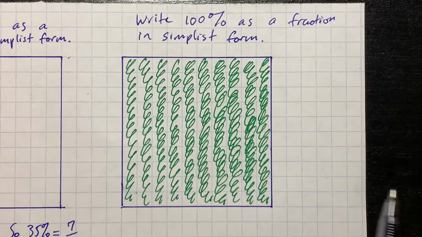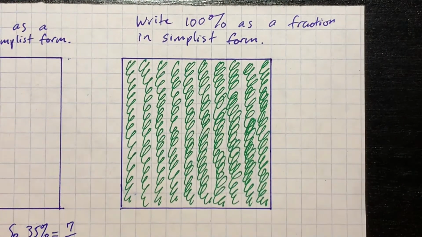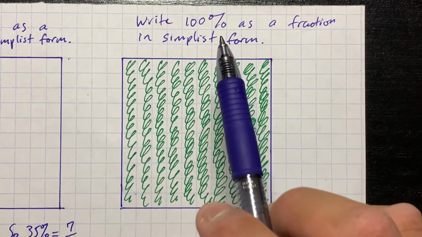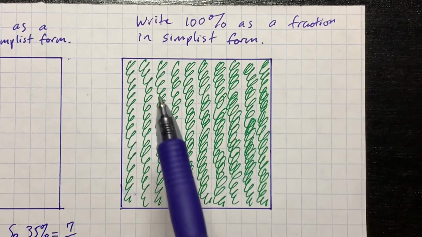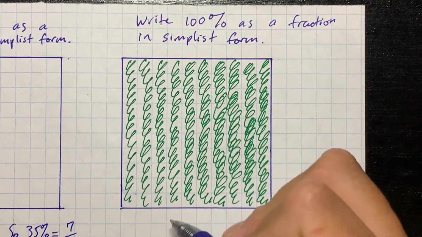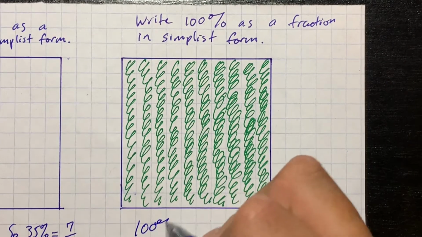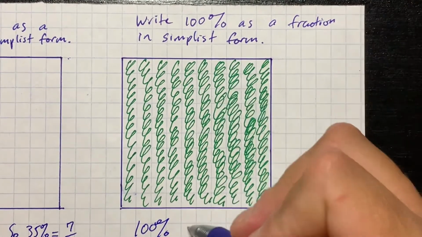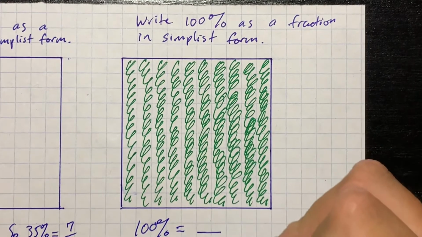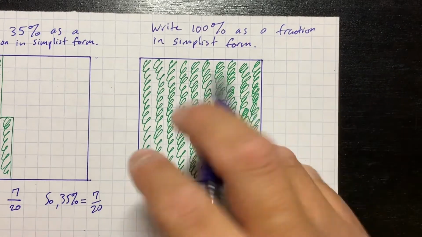This time we have again a 10 by 10 grid, and we have to look at all the units that are shaded. We're going to write 100% as a fraction, and then reduce it to simplest form. So we have 100%. Now there are a total of 100 units in this 10 by 10 grid.